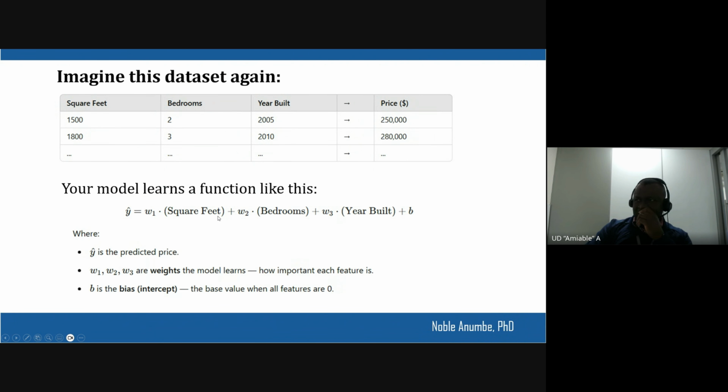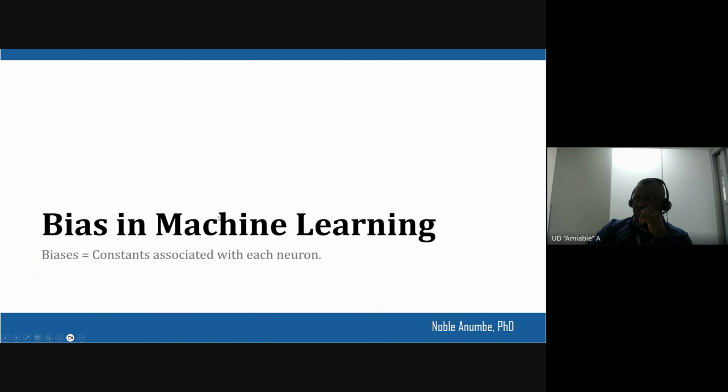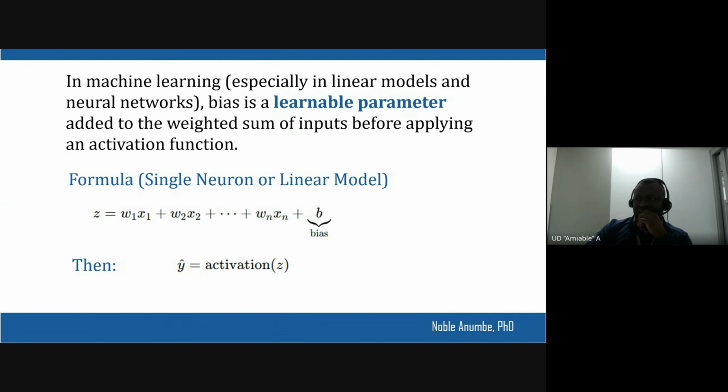But as we begin to move into machine learning, there is an additional thing that we are going to add there, because some of the models are not going to be a straight line. Some of them are going to be curved, or they are going to go something like this. When you create the model, it will go something like this and this.